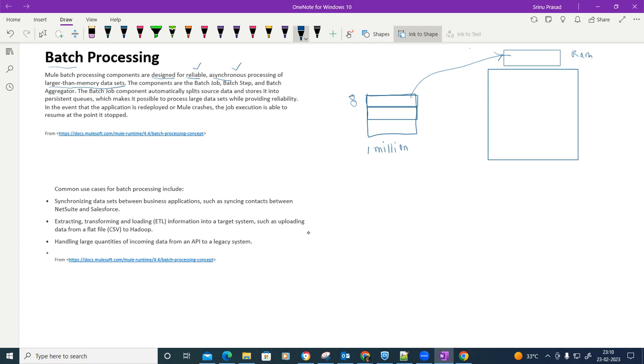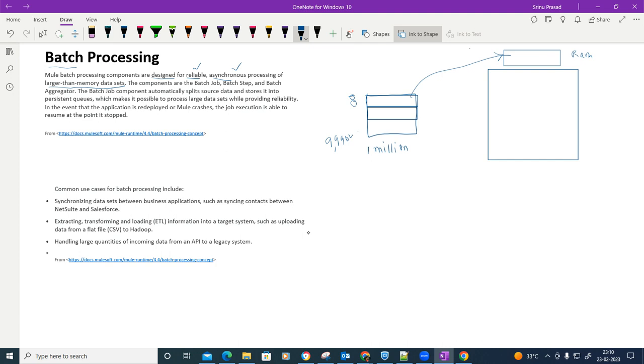What about reliability? In case of a system crash, it's not guaranteed that 1 million records will process smoothly all the time. Sometimes we may face different kinds of errors. Suppose out of the 1 million records you processed 9 lakh 90,000 records, and 1 million is 10 lakhs.